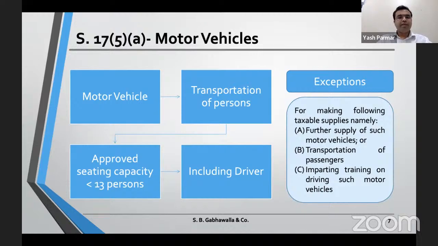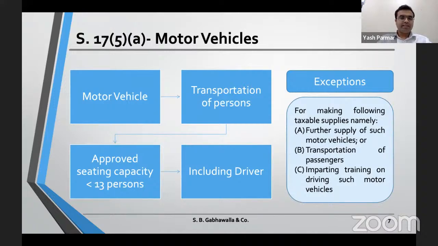And if this motor vehicle is used for making further taxable supply of imparting training on driving such motor vehicles, then ITC will not be blocked. So three exceptions: further supply of motor vehicle, taxable supply of transportation of passengers, and taxable supply of imparting training on driving such motor vehicles.